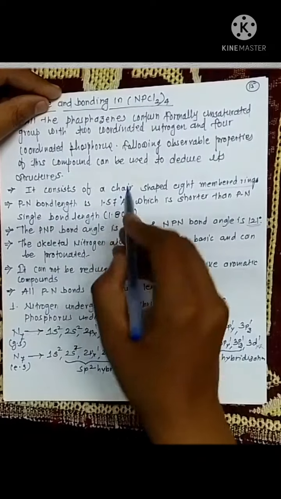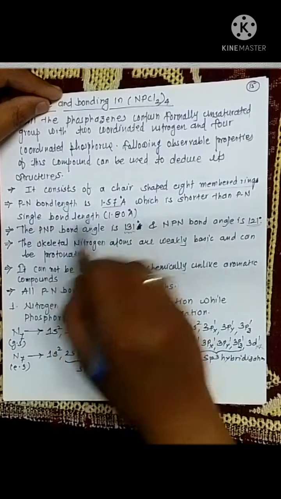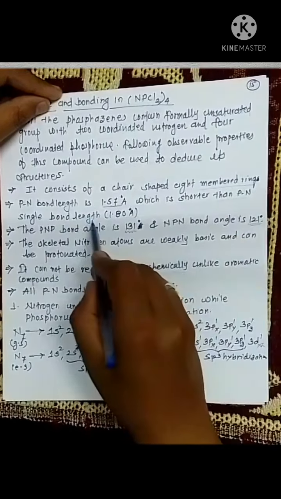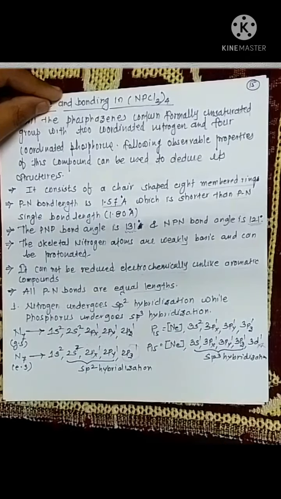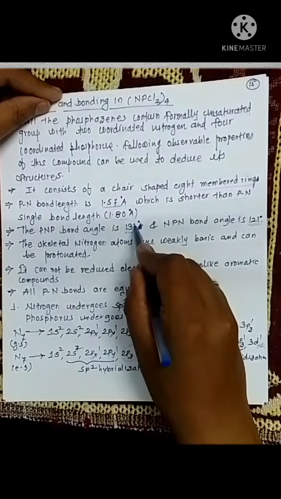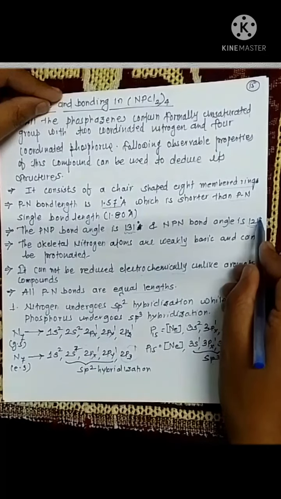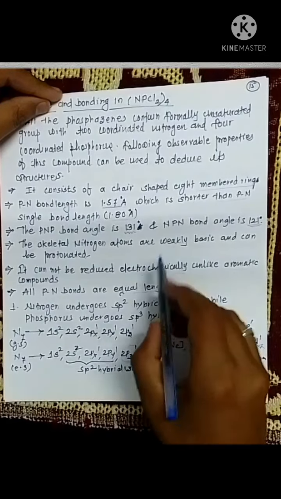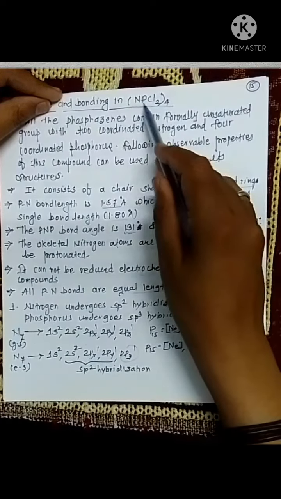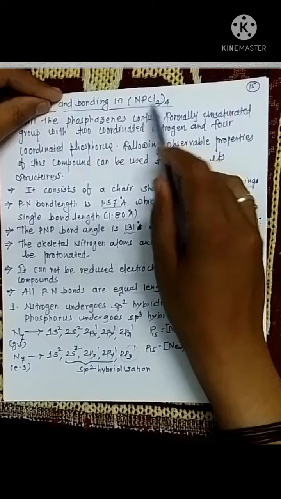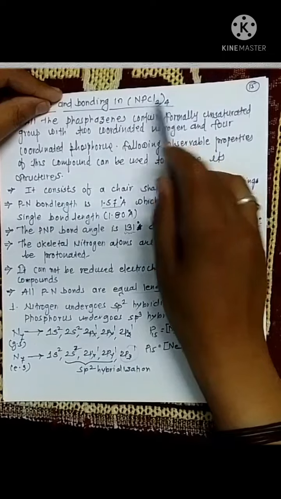The PN bond length is nearly about 1.57 Angstrom, which is shorter than the standard PN single bond length, that is 1.8 Angstrom. The PNP bond angle is about 131 degrees, while the NPN bond angle is 121 degrees. The skeleton nitrogen atoms are weakly basic and can be protonated. So in this compound all nitrogen atoms undergo sp2 hybridization, while all the phosphorus atoms undergo sp3 hybridization.